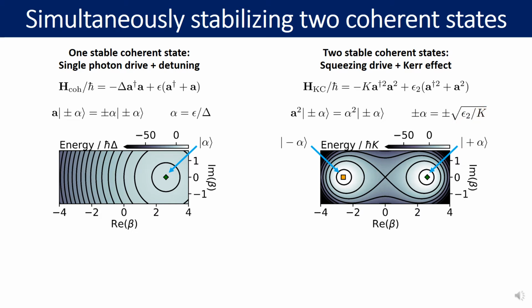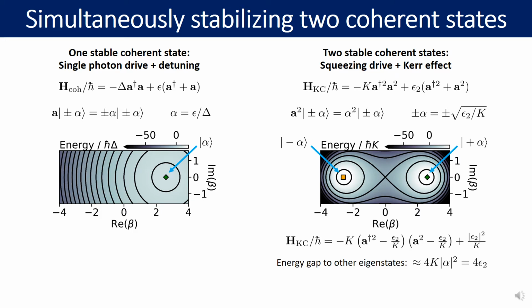Or a more precise way of seeing how this works is by taking this Hamiltonian here and factorizing it in this way. This is the same Hamiltonian. And what you see now is this second parenthesis here annihilates these two coherent states, plus and minus alpha, meaning that they are degenerate eigenstates of the quantum Hamiltonian and do not evolve in time.